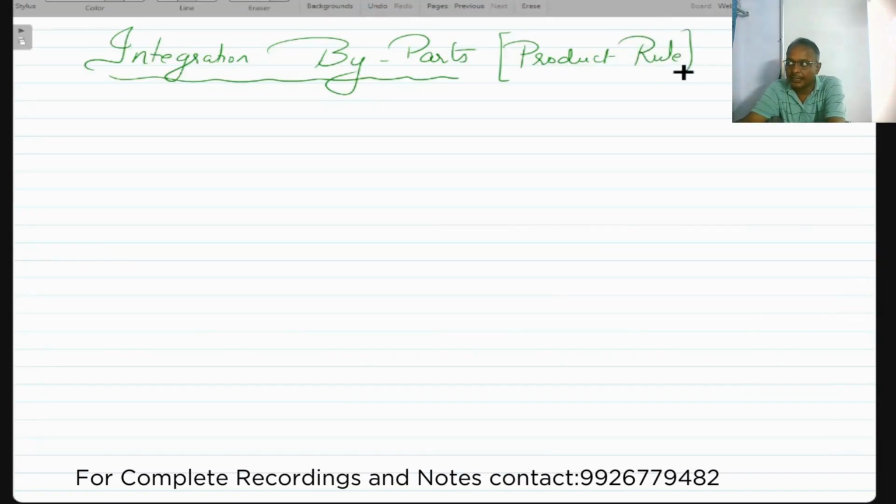I consider this product rule, we are halfway through integration. रीचिंग प्रोडक्ट रूल मतलब इंटीग्रेशन का आधा रास्ता अपन पहुंचे हैं, अभी आधा और बचा है। अभी तक जो कर रहे थे सिर्फ सब्स्टिट्यूशन, सिंपल फॉर्मूला बेस्ड है। Now we are going to do something very important. So integration by parts, be very careful.